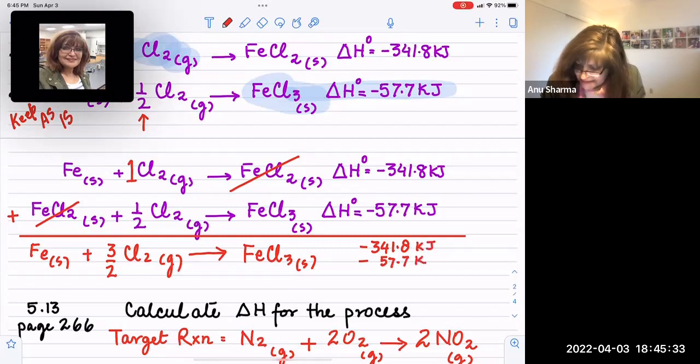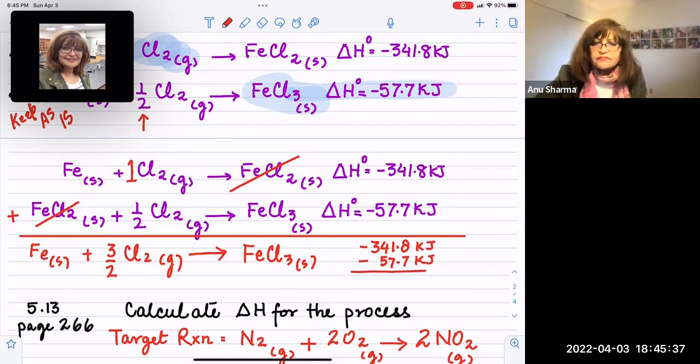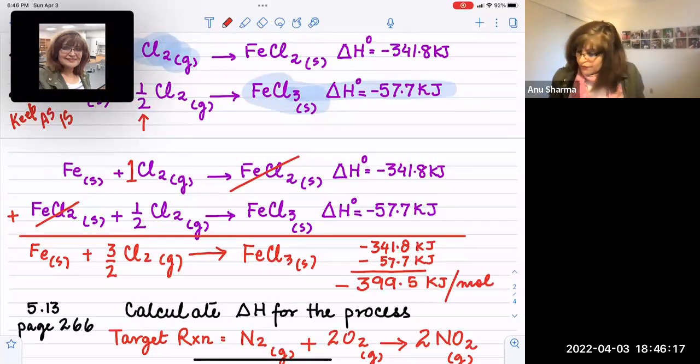So what do you get here? When you add the two delta H values, we get negative 399.5 kilojoules per mole. The sign is of the bigger number, so a negative. So that's your answer for this question.